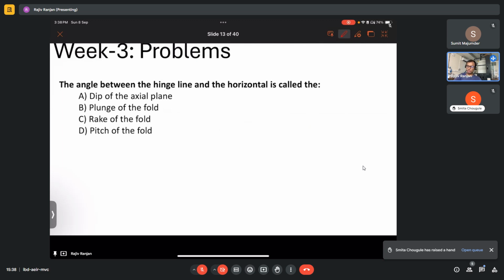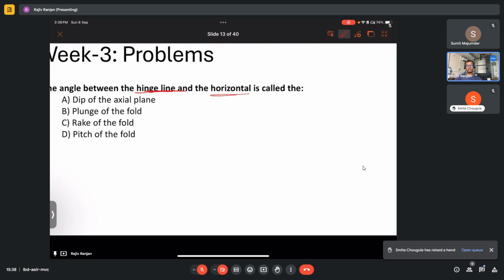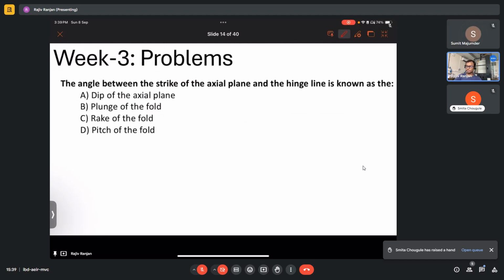This is talking about the angle between the hinge line and the horizontal. We discussed it right now. Sumit, what will be the answer? This is the plunge of the fold. Correct.